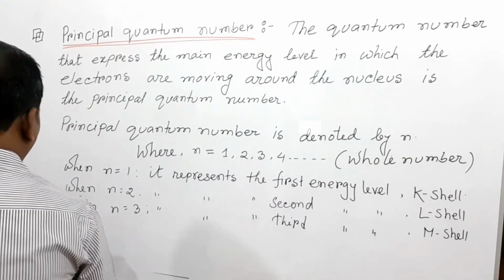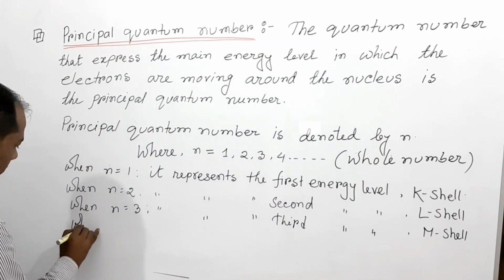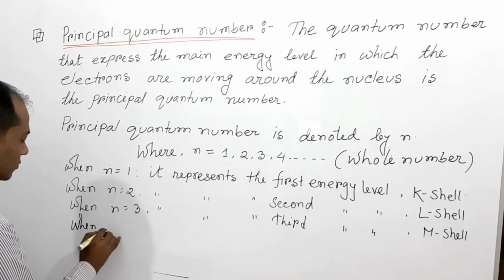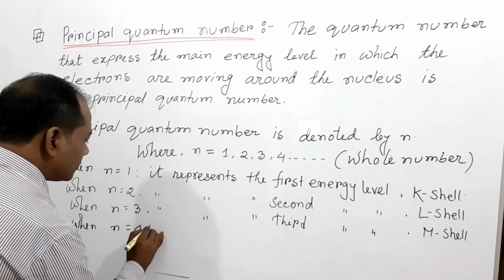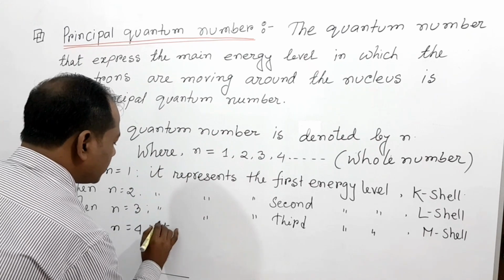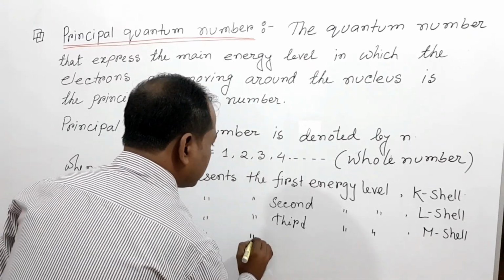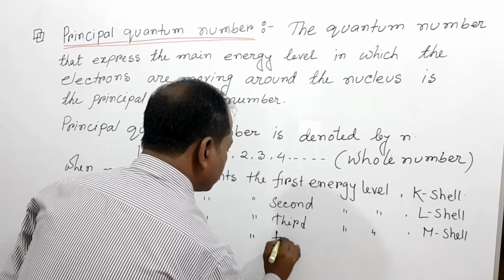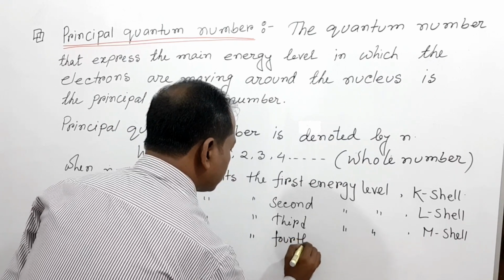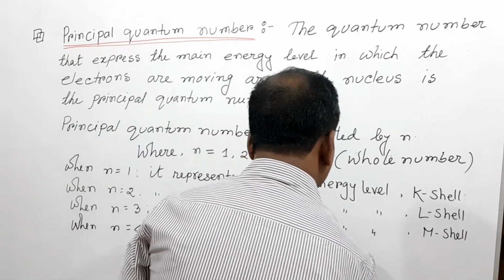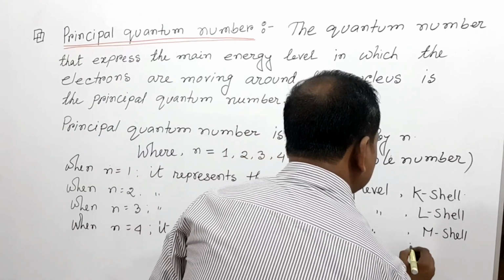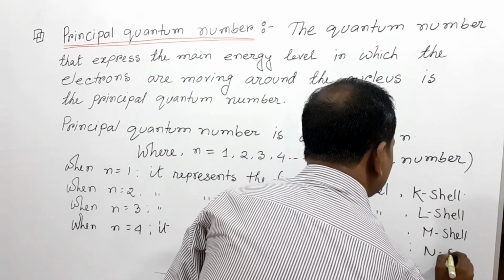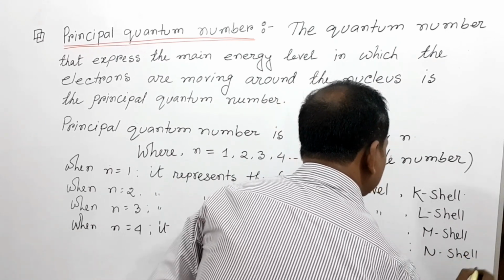And when n equals 4, it represents the fourth energy level, that means N shell.